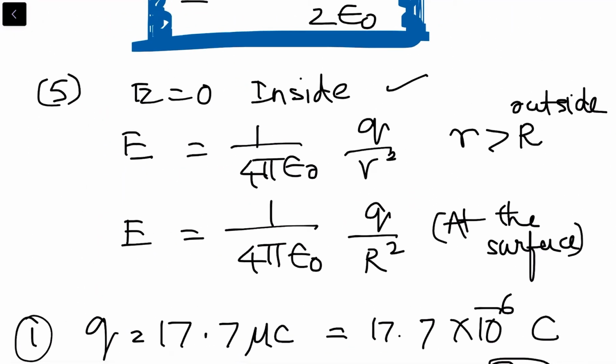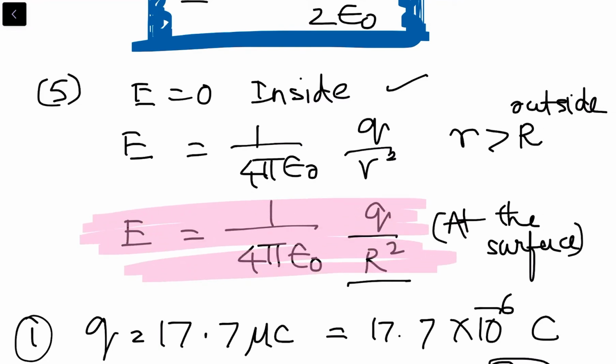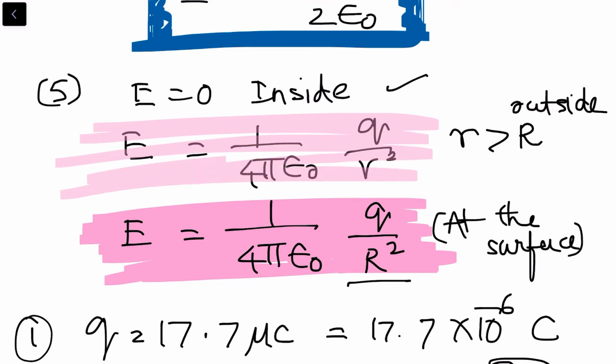Inside, E is equal to 0. On the surface it is Q by capital R square, where capital R is the radius, and outside it is this formula, that is 1 by 4 pi epsilon naught Q by small r square, where small r is the distance from the center.